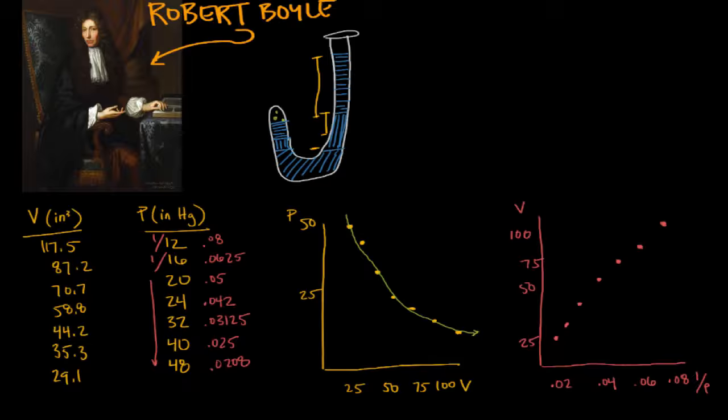This isn't a perfectly clean graph, but we do see that when we graph volume as a function of the inverse of pressure, we get a straight line.